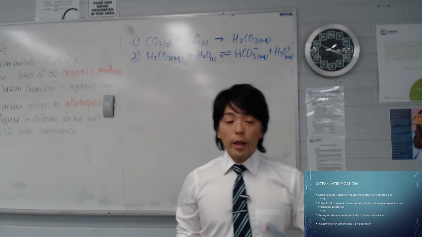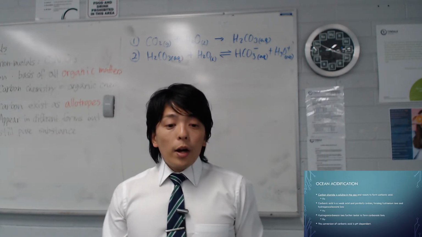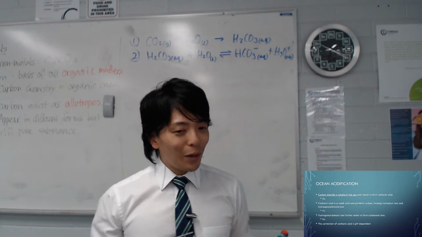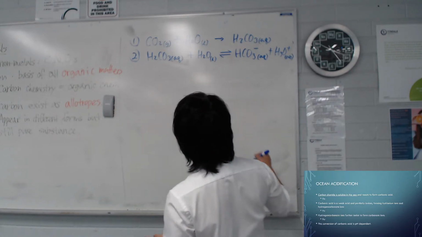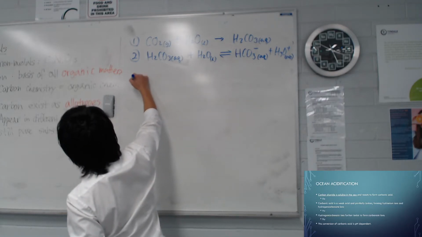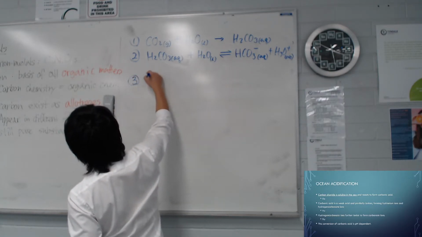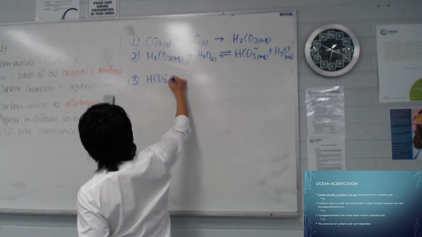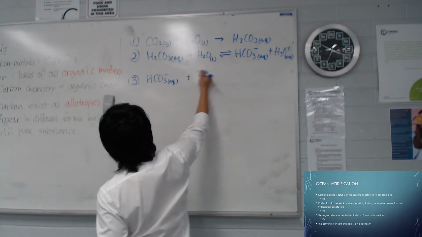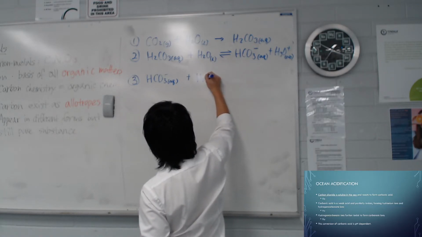And the third one is about the hydrogen carbonate ion further ionizing to form carbonate ions. So start with hydrogen carbonate ions. You can add water or go without water.